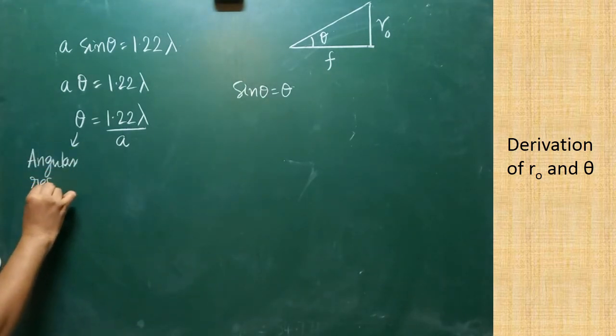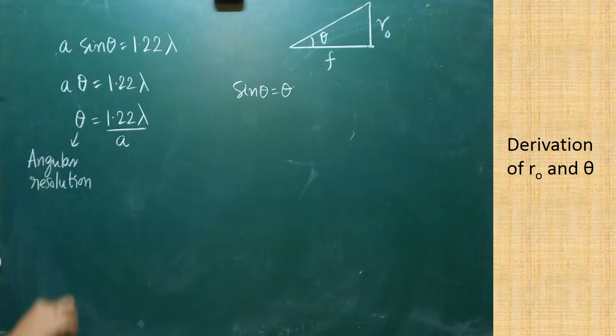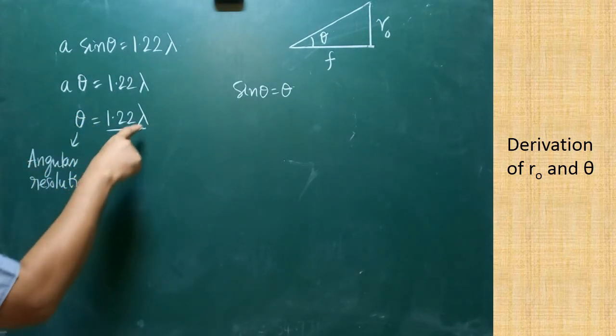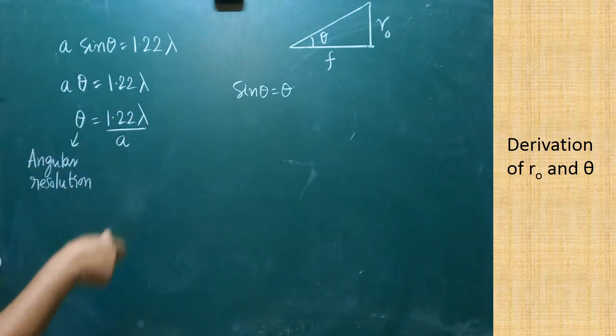Don't forget. Angular resolution can be calculated by using the expression theta is equal to 1.22 lambda divided by A. Here A is the width of the aperture, and lambda is the wavelength of the light incident on the aperture.